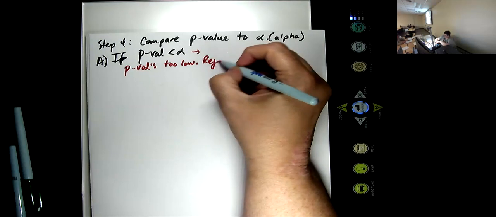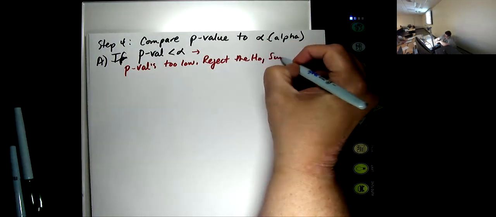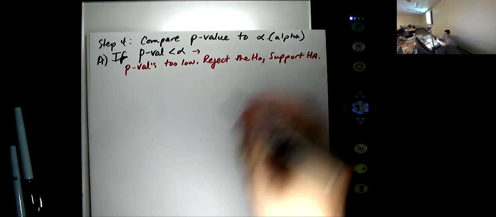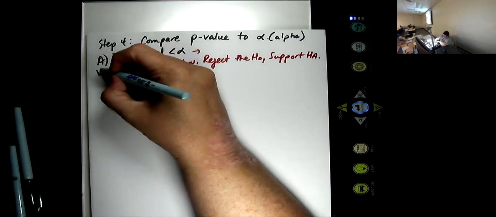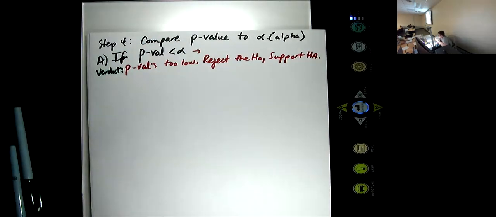Reject the H naught. Support HA. I like calling this the verdict. This is where we make our decision. We pass judgment. We decide what we're going to do.